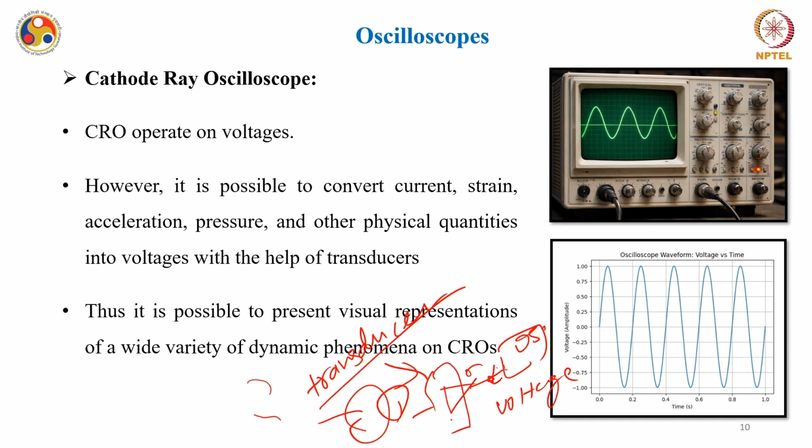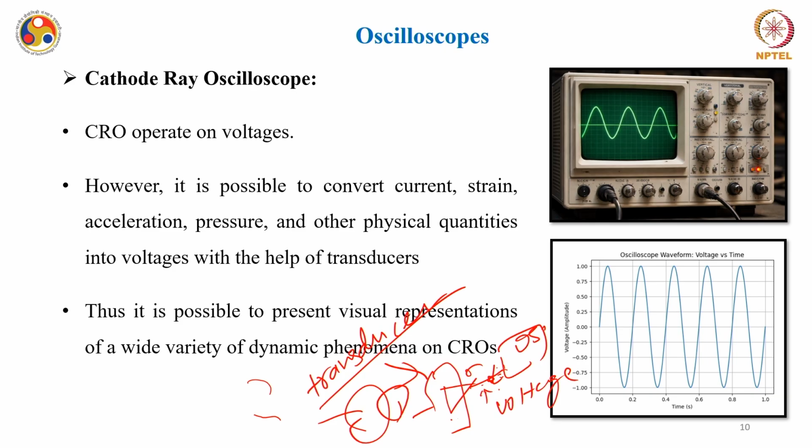So, at the input of this oscilloscope, there should be a voltage signal.